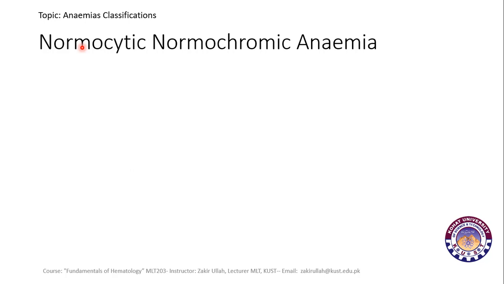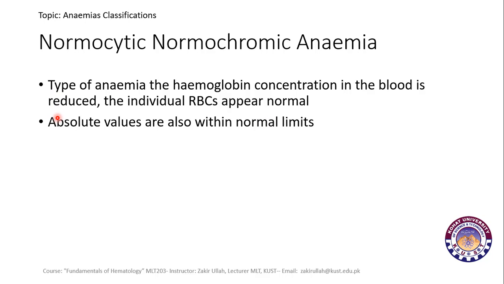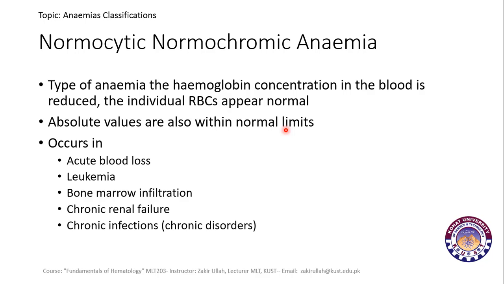Normocytic normochromic anemia is the third type of anemia, in which the hemoglobin concentration in the blood is slightly reduced, but the individual red blood cells appear of normal size. All the absolute values, the mean cell volume, mean cell hemoglobin and mean cell hemoglobin concentration, are usually within their normal limits as discussed earlier.